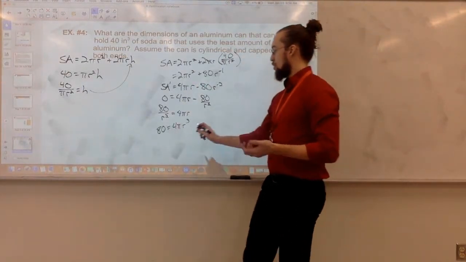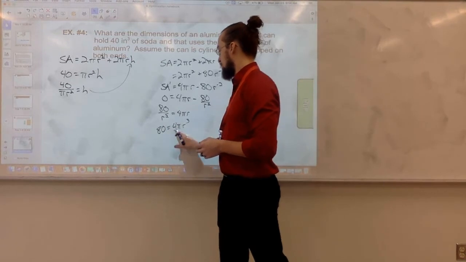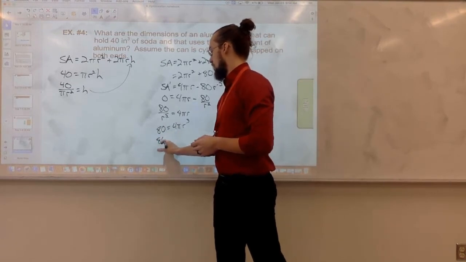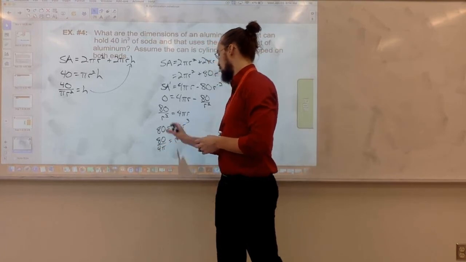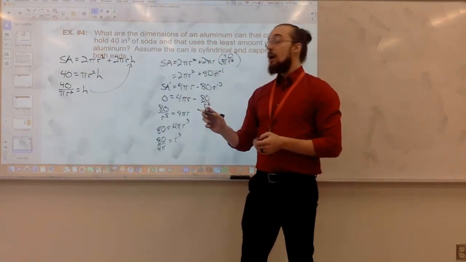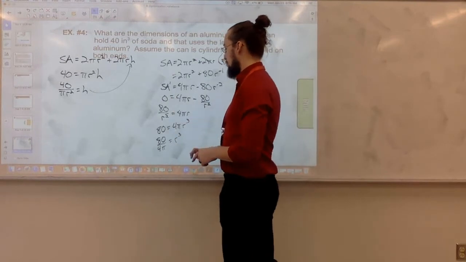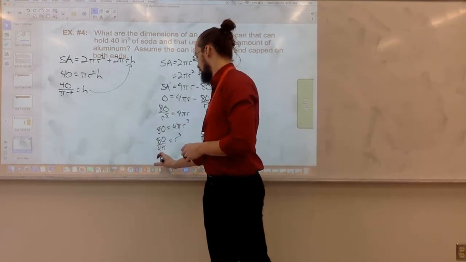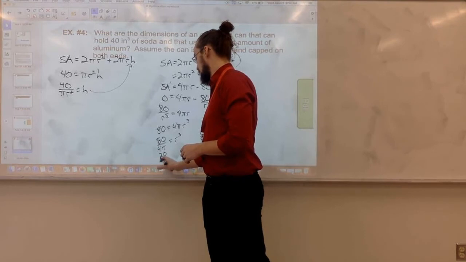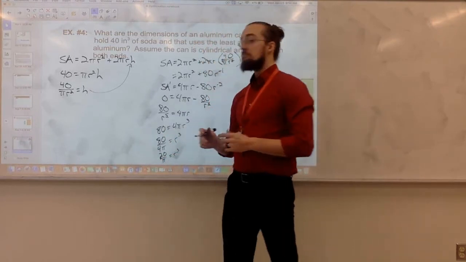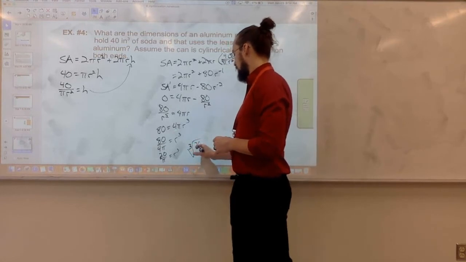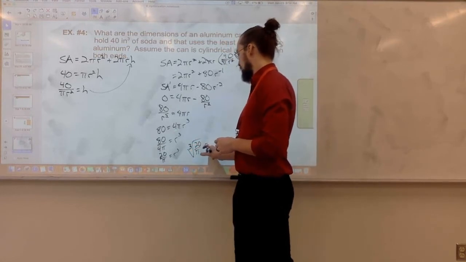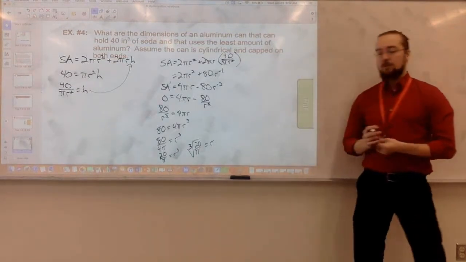Now we're just solving for r. So I'll divide both sides by 4 pi. 80 over 4 pi equals r cubed. So yeah, we could simplify this and just make it 20 over pi. And then take the cube root. So we get the cube root of 20 over pi equals r.